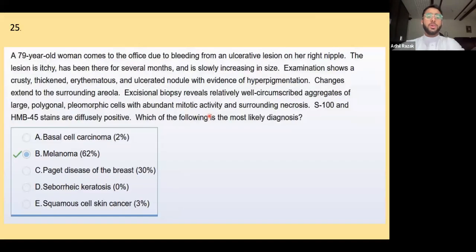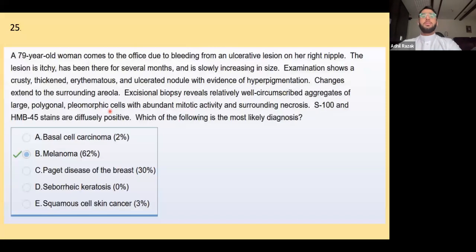You are right, it is melanoma. This is a very, very obvious question. I don't know how only 62% got it right. It is an old woman, bleeding ulcerative lesion, increasing in size, itchy, and it is crusty, thick, with evidence of hyperpigmentation. Then there are well-circumscribed aggregates of large pleomorphic cells.